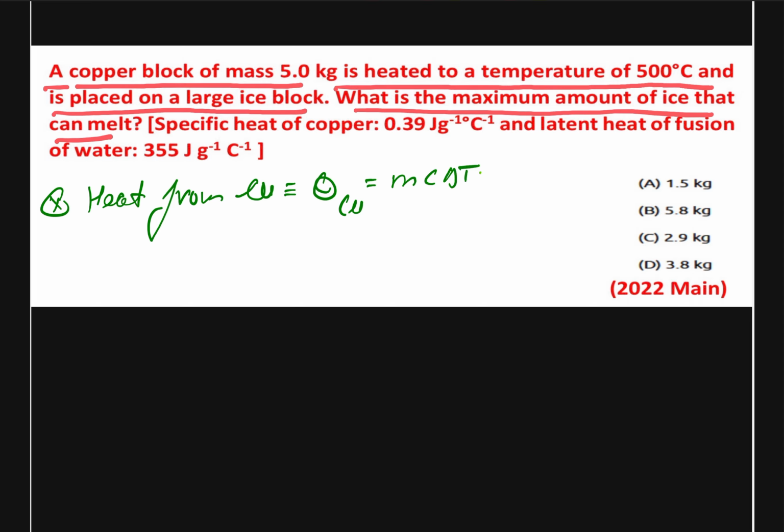Mass is given as 5 kg, so this comes as 5000 grams. C is given to us as 0.39, and the temperature is 500 degrees centigrade, 500 minus 0.